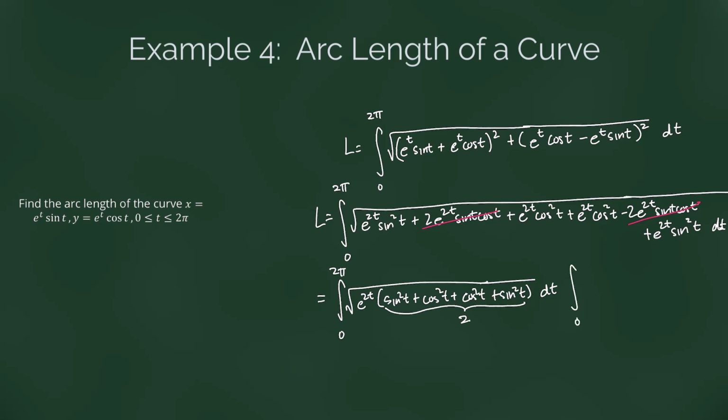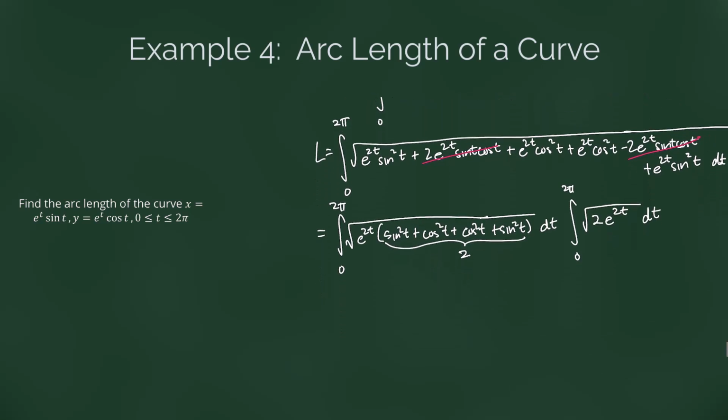So we have the integral from 0 to 2 pi of the square root of 2 e to the 2t dt. And if we take the square roots, that gives us the integral from 0 to 2 pi of the square root of 2 times e to the t dt.